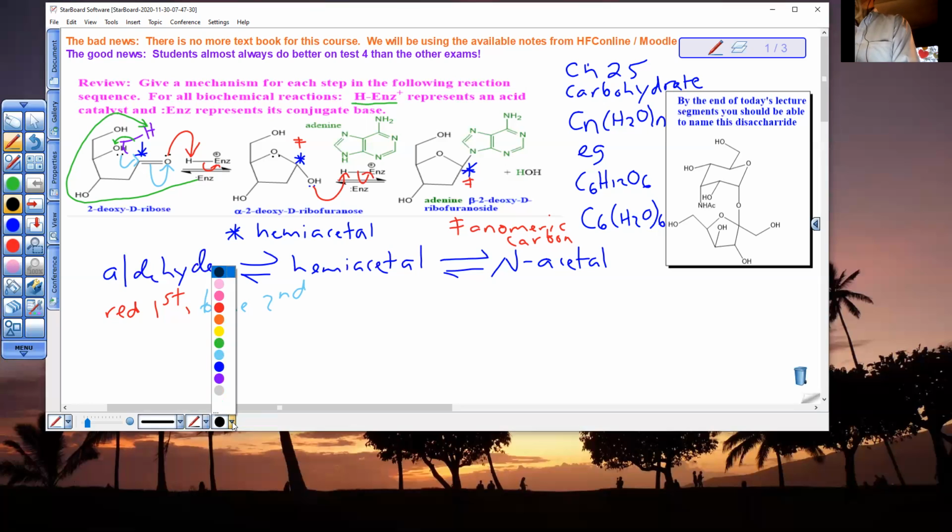Second step. So the water's gone and you have an activated carbonyl, which we do have to draw. This arrow's a little bit unclear. There, definitely a pi. So we have an equilibrium step here. Hemiacetal. And we're generating this species here.